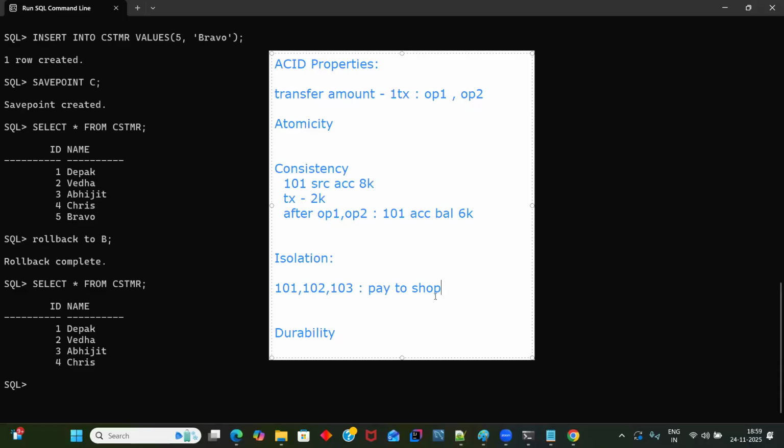But during credit, do you really think that three transactions will run at a time? One by one, they will come. Exactly. Since we are from a Corona background, we know the meaning of isolation, correct? Generally, it means staying alone.